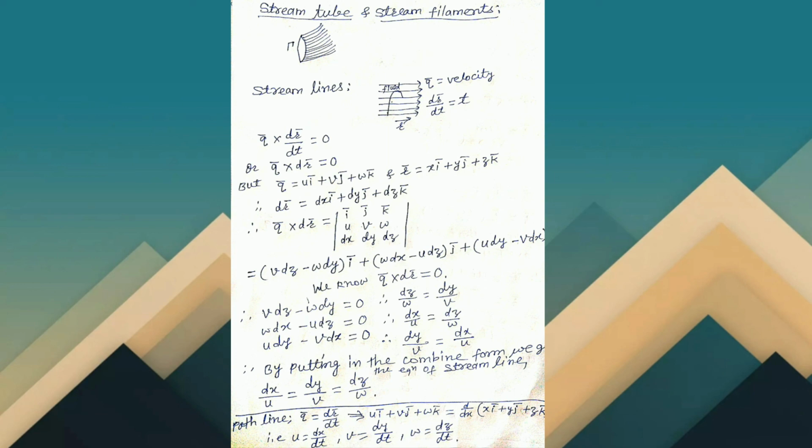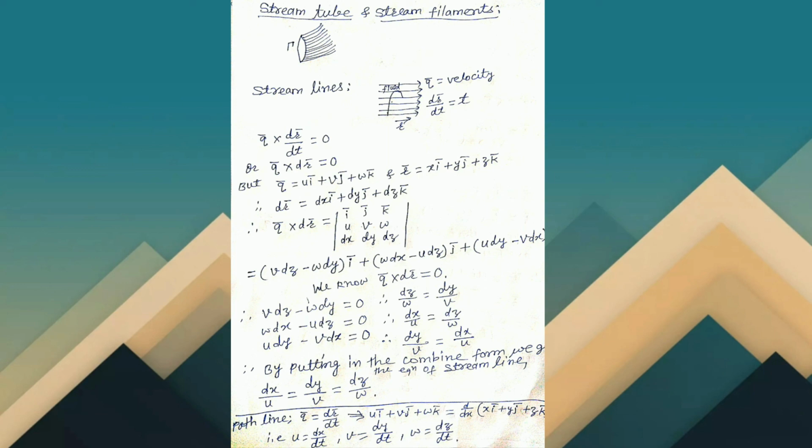Now w dx minus u dz is equal to 0. That means dx by u is equal to dz by w. Now u dy minus v dx is equal to 0. So that means dy by v is equal to dx by u.